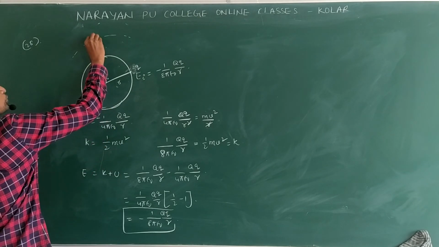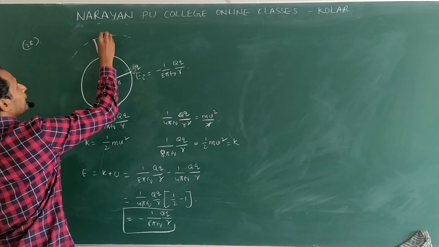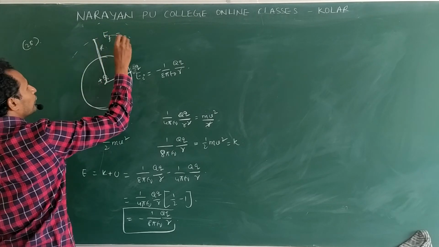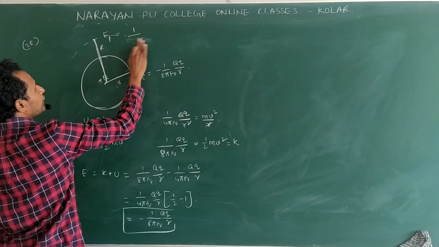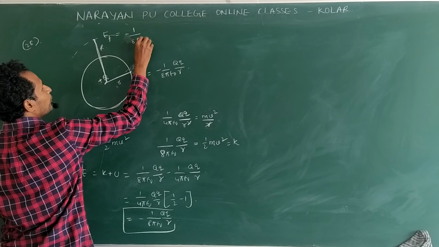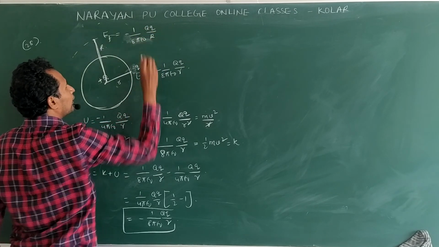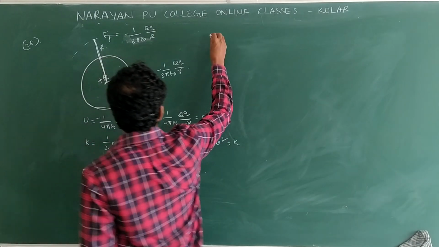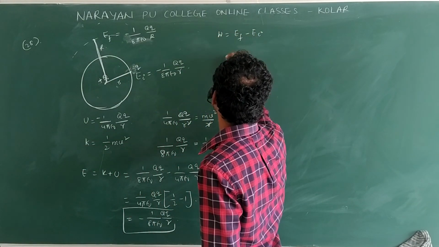Now it moves to another radius, so we increase the radius. Then how do we write E final? This energy will be minus q by 8 pi epsilon naught capital R. Work done is equal to what? Change in energy: E final minus E initial.